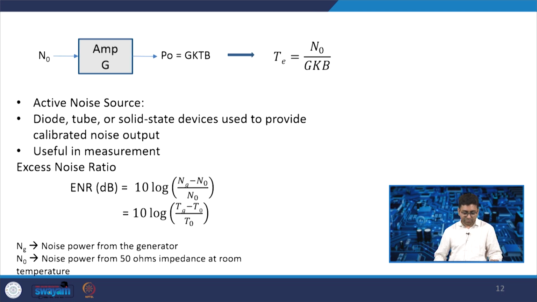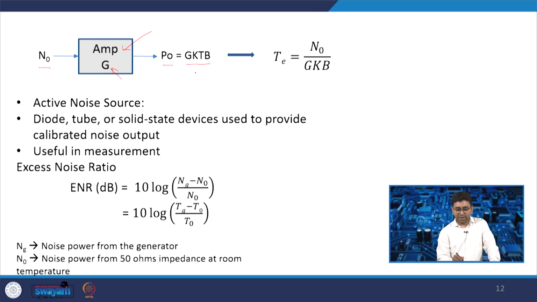Now, let us say I have an amplifier with a gain of G, and the input noise power is N naught. What is the output? Obviously, it will have the gain applied, so your output power is nothing but GkTB.